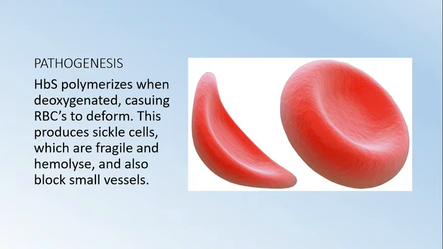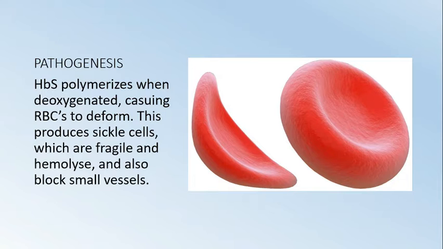It forms a gelatinous network of fibrous polymers that stiffens the RBC membrane, increases viscosity, and causes dehydration due to potassium leakage, and there is even a calcium influx. This deformation produces the sickle cell shape. That's where the name sickle cell comes from.